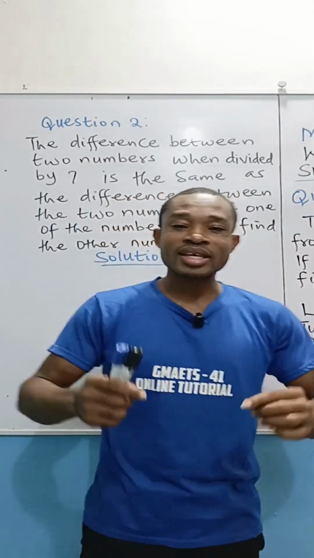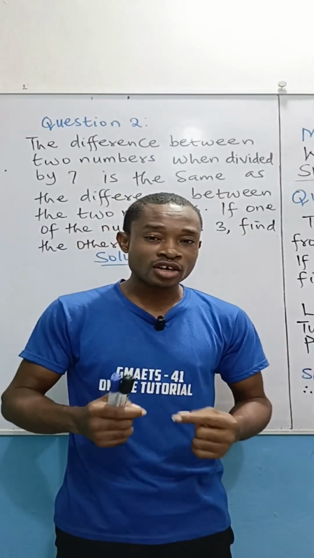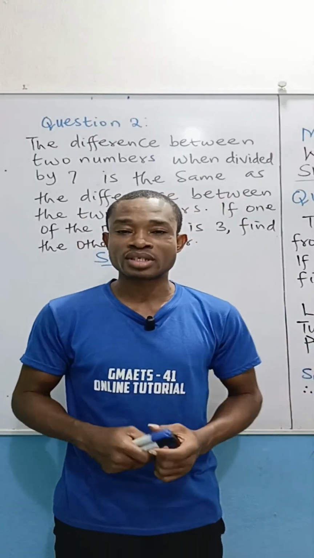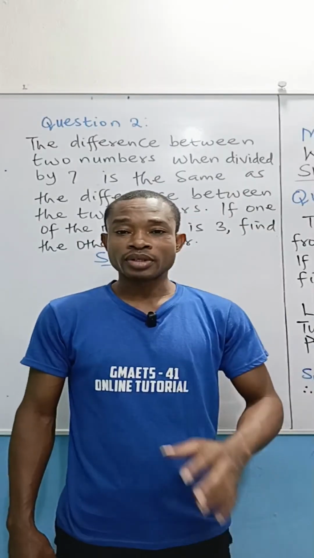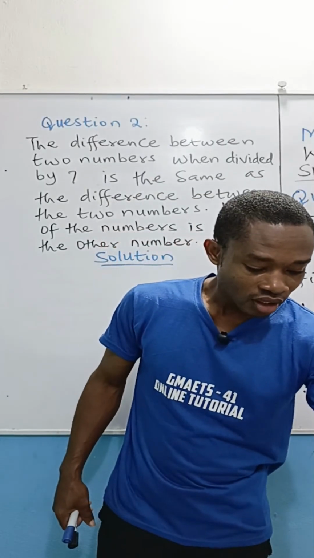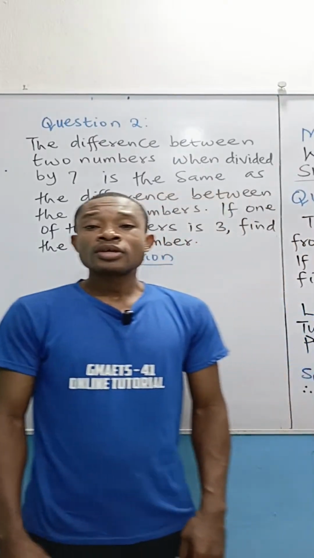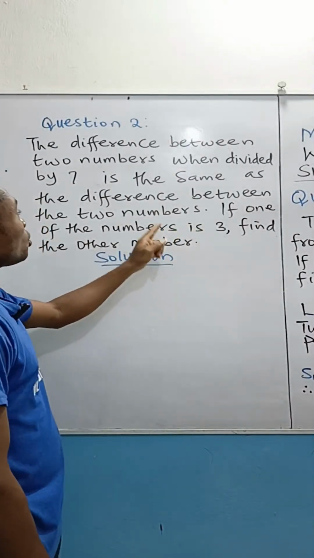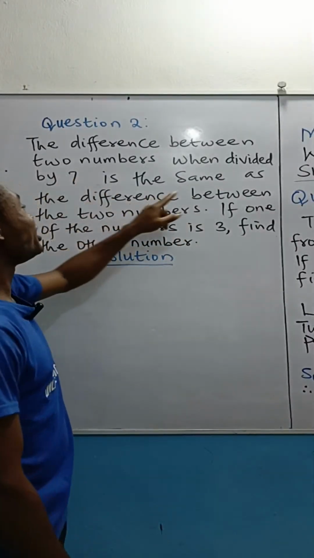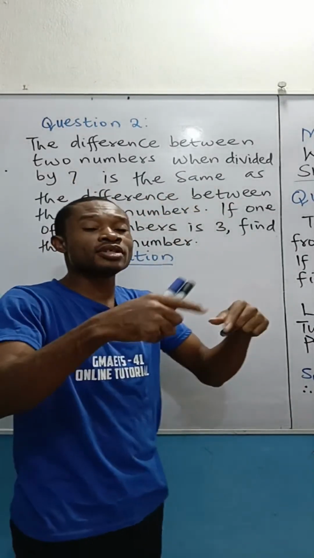Difference in mathematics is subtraction, if you are thinking of the basic arithmetic sign to use for it. Difference means what? Subtraction. Is that okay? The same means equal to.